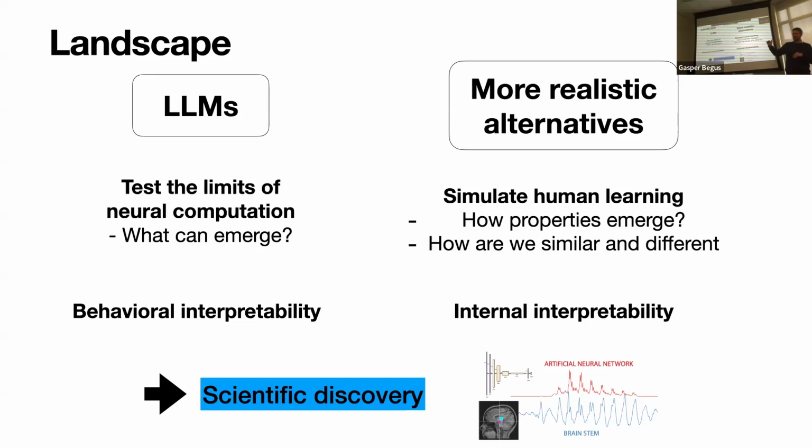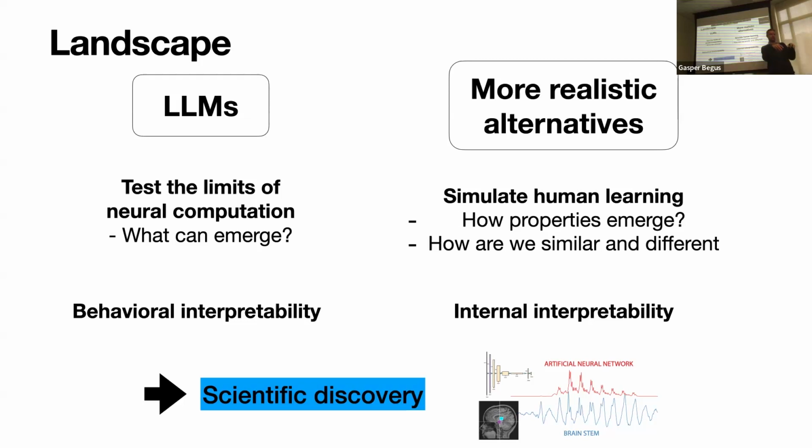I think we need to be developing, in parallel, more realistic alternatives to LLMs that learn language. And that's what my lab does most of the time. The question that I'm interested in is how properties emerge, not only what is possible in artificial neural computation, but how properties emerge, and how we're similar and different, humans and artificial neural nets.